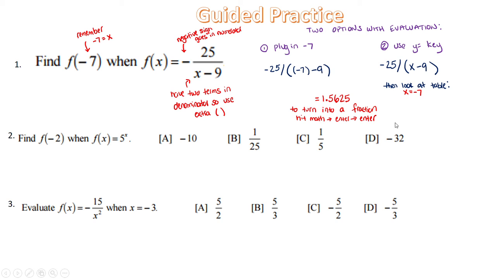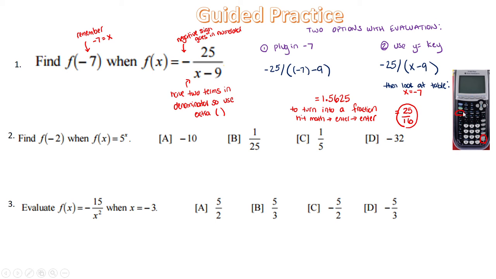And either way, you should see a decimal for your answer. Now, normally, unless it's an easy decimal like 1.5, they would want you to convert it to a fraction. If you don't know how to convert this into a fraction and you want to use the easy way of using your calculator to turn it into a fraction, you need to have this decimal in your calculator and then hit math, enter.